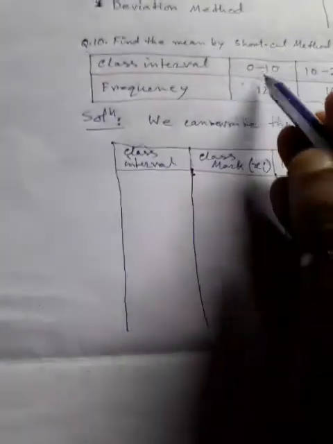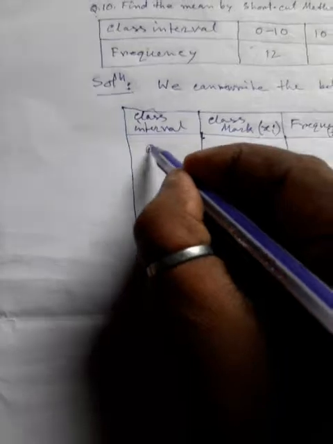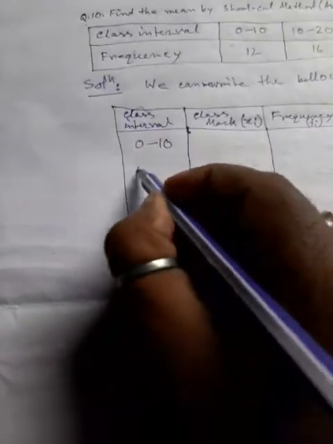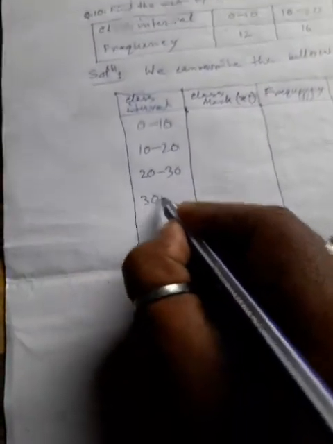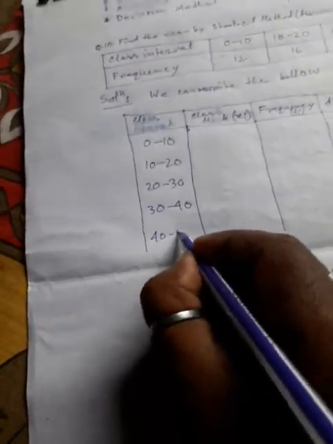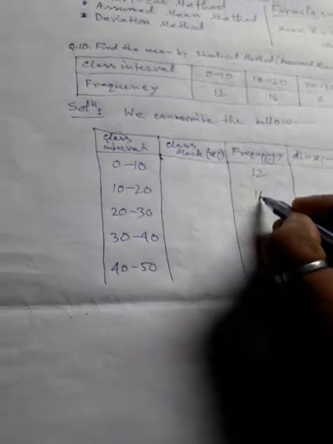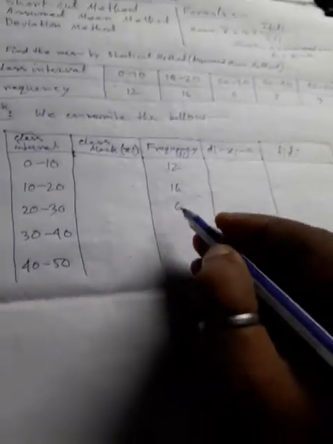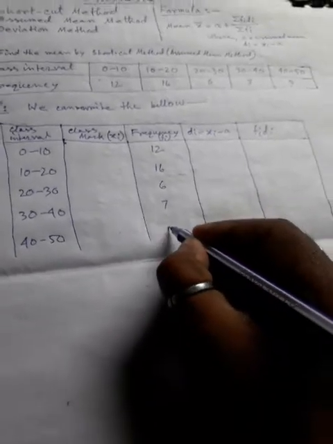Now write all the class intervals: 0 to 10, 10 to 20, 20 to 30, 30 to 40, and 40 to 50. The frequencies are 12, 16, 6, 7, 9.